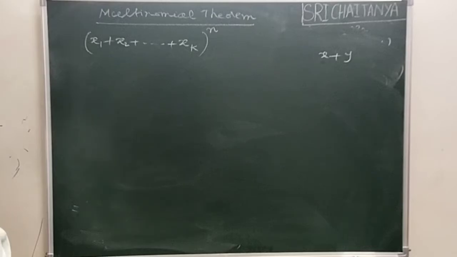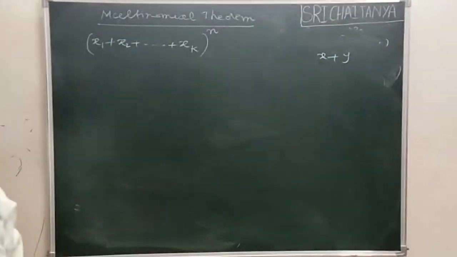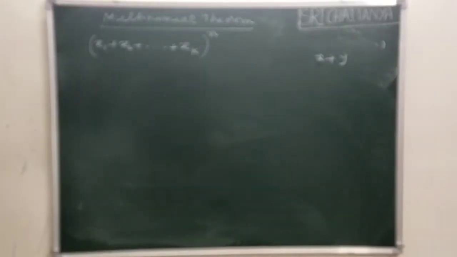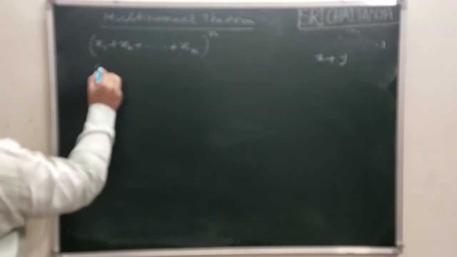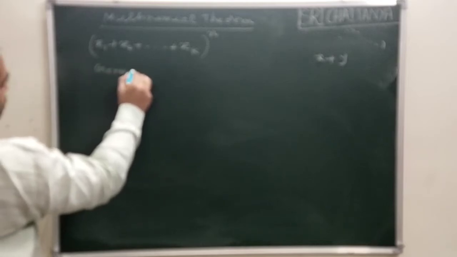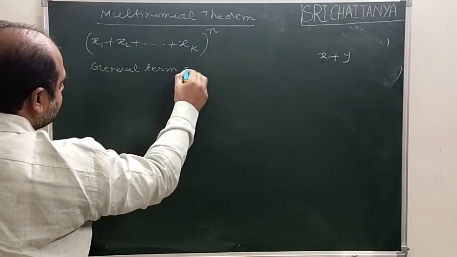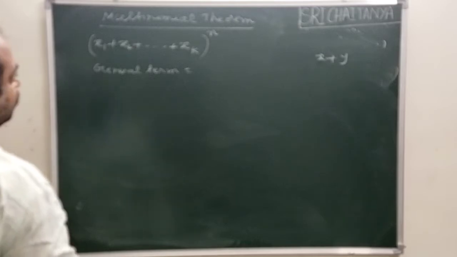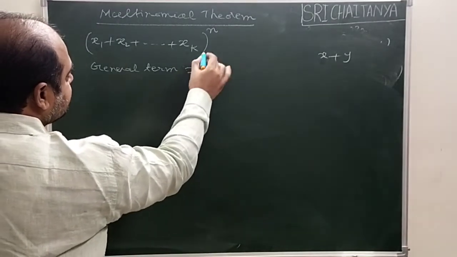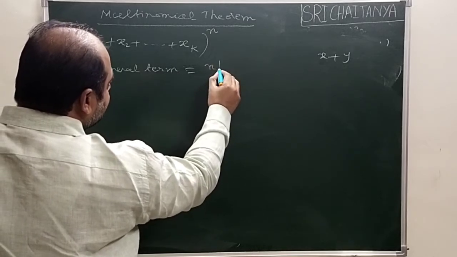So (x1 + x2 + ... + xk)^n. There are k variables here. Two variables means binomial; if it is like this, then the general term is written simply like this: n factorial.